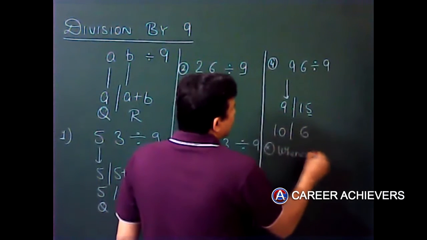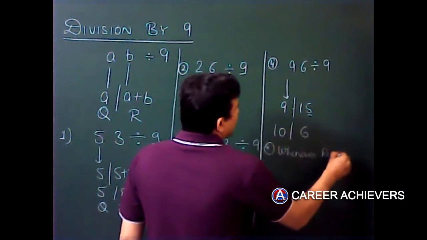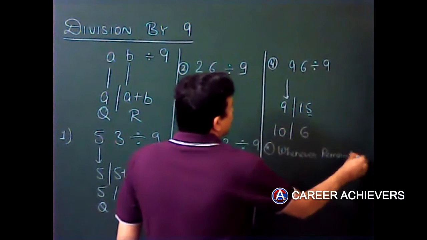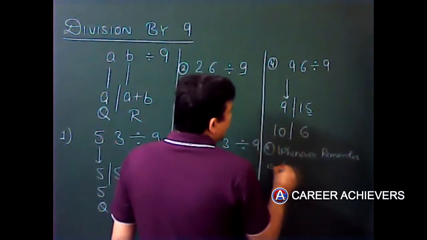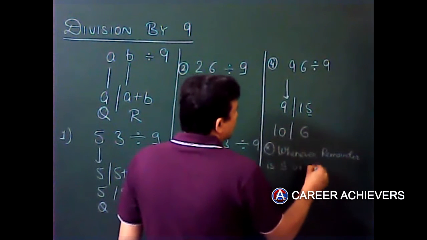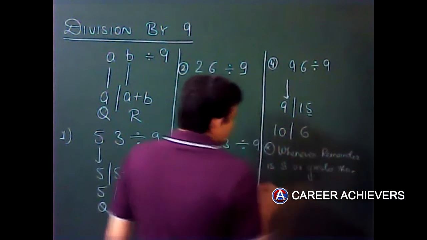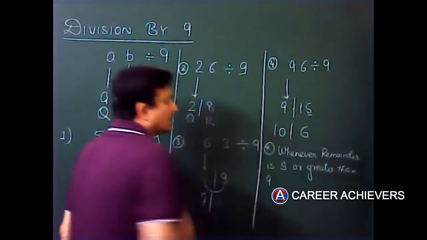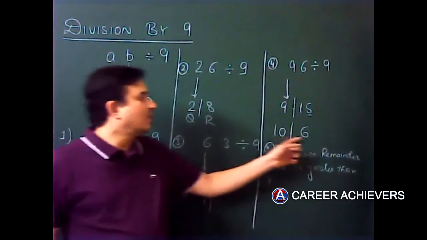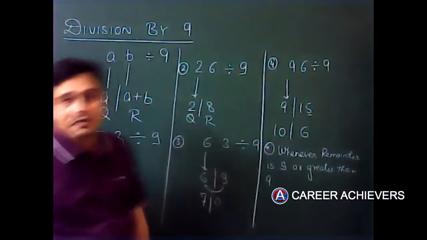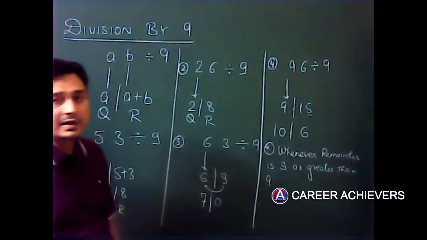Whenever a remainder is 9 or greater than 9, now the sum of two digits cannot exceed 19, right?